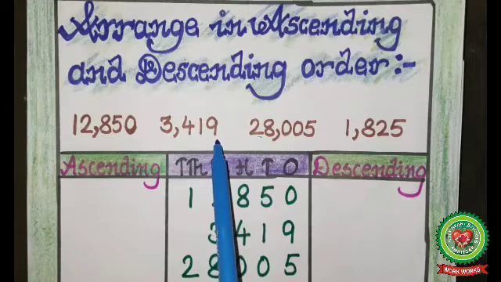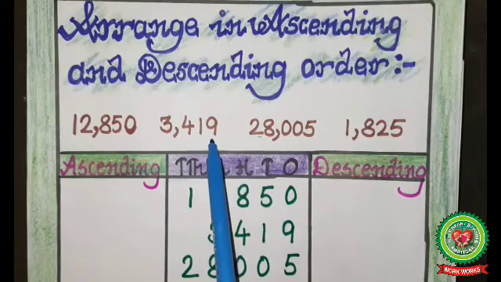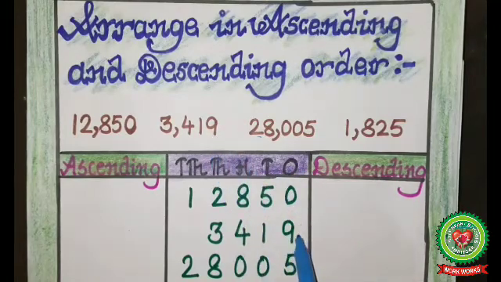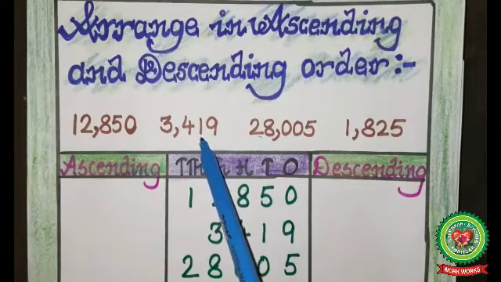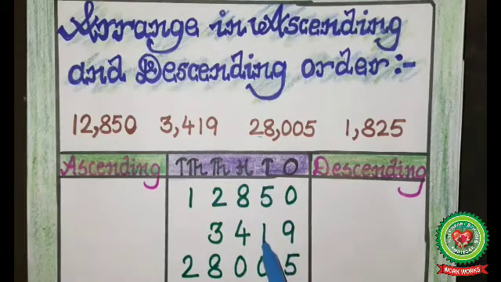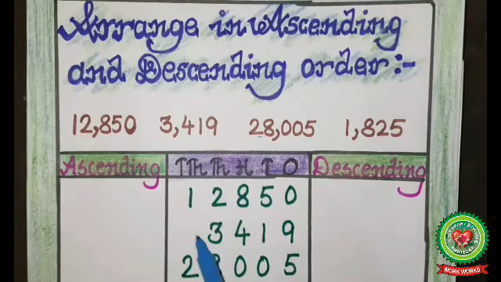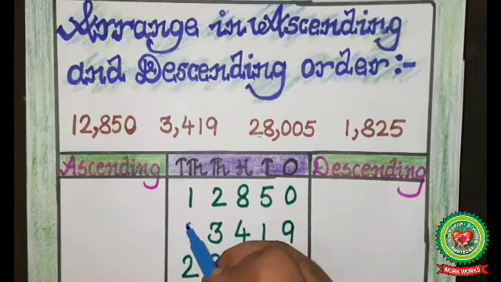Now let's arrange the second number, that is 3419. Again we will start setting the number from back and from ones place. That means 9 will come at ones place, 1 at tens place, 4 at hundreds place, and 3 at thousands place. 10,000 place is not given, so we can put 0.